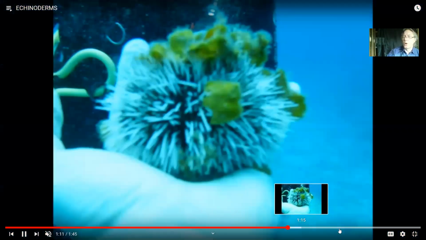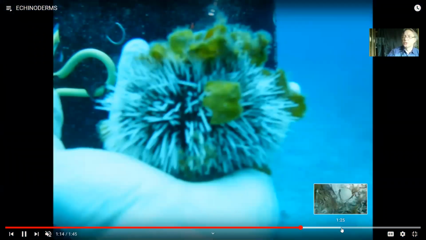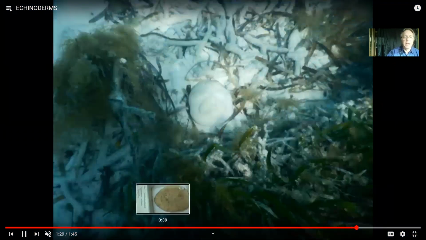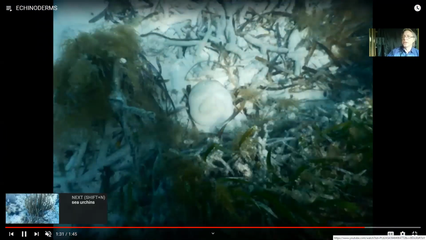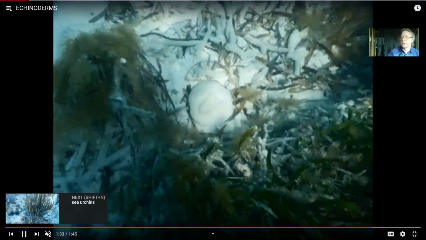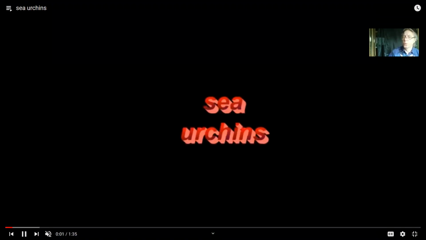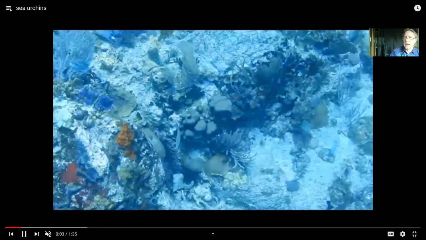Here are sea urchins whose spines are defensive mechanisms, sand dollars, and others. And once again, I have a few videos on these. So echinoderms are a group of invertebrates which are more closely related to the chordates and the vertebrates than they are to, say, arthropods, etc.